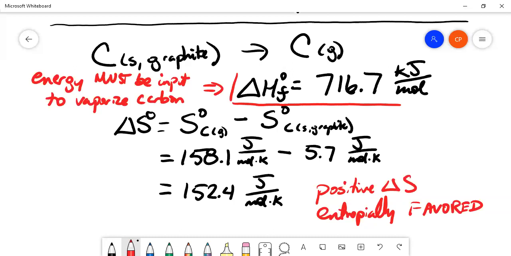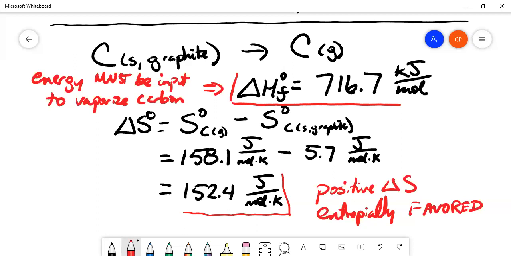But what this example does is it sets up the next phase of chemistry we need to understand. What this example does is it tells us that there is a balance here between the entropy change that is favored for the vaporization of carbon and the energy input required to make it happen.